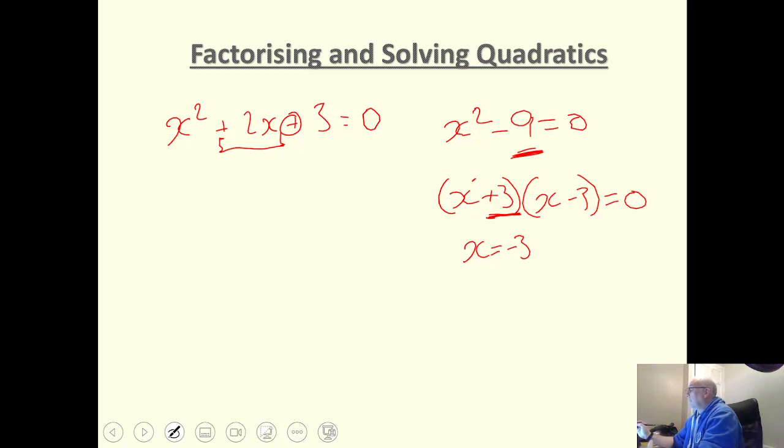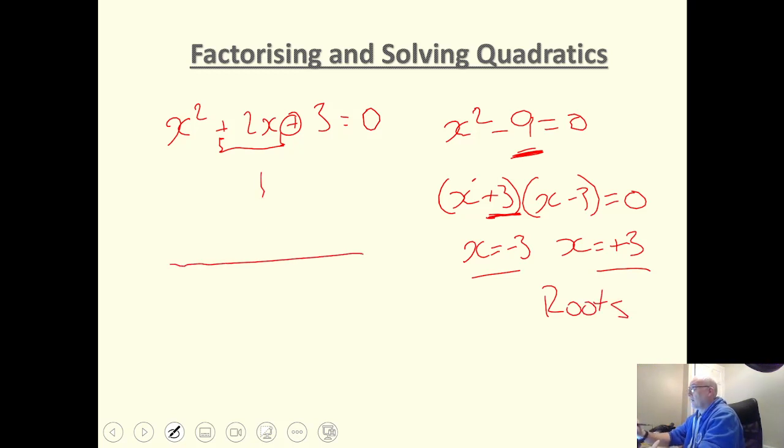So the inverse of plus is minus and the inverse of minus is plus. So my two solutions on that one would be x equals negative 3 and x equals positive 3. When we've found our solutions, they're commonly also called roots. So if you see the terminology roots, that means the solutions.